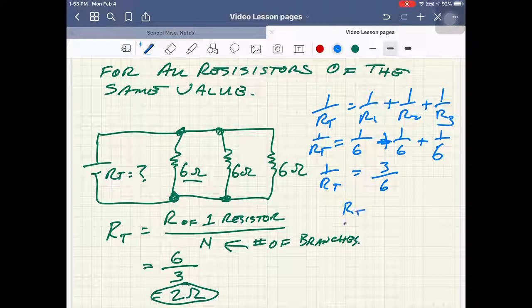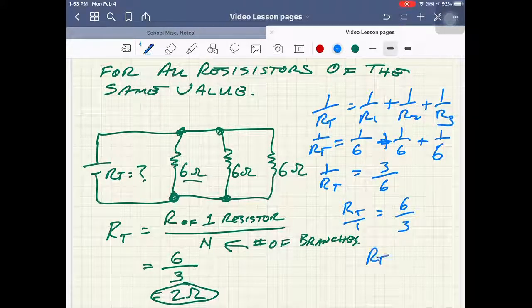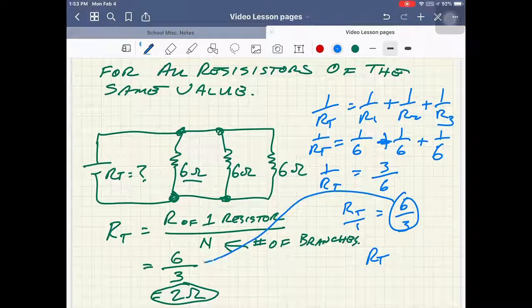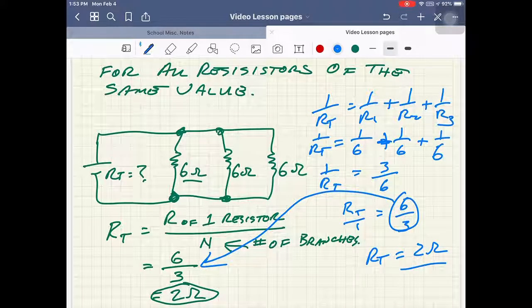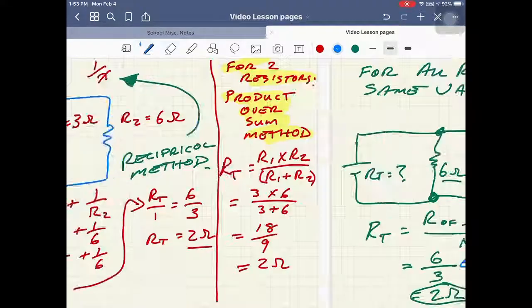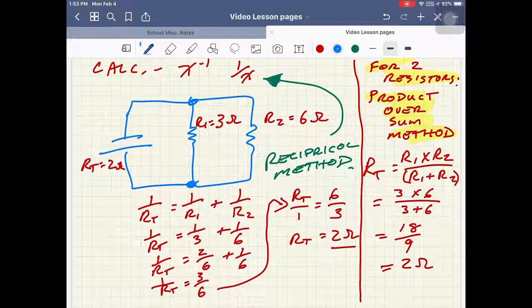Flip that formula. 3, which incidentally is what we had over there, and 2 ohms. So it's just a variation of that formula. Just kind of skips a couple steps because we have a common denominator already with the same value of each resistor. So those are the 3 common methods of doing it.